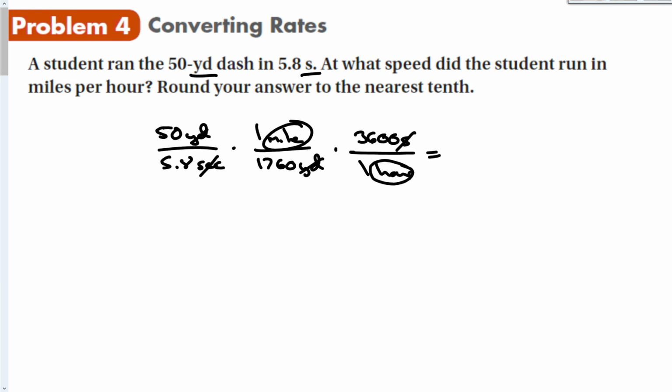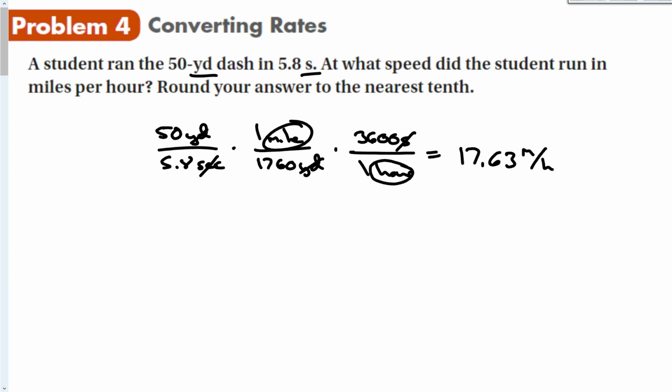So we now have 3,600 times the 50, divide by 5.8, and then divide again by 1760, and you would get about 17.63 miles per hour.